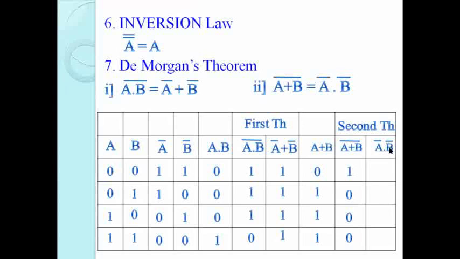And A bar into B bar: 1 into 1 is 1, 1 into 0 is 0, 0 into 1 is 0, and 0 into 0 is 0. See here, this is exactly equal. (A plus B) whole bar equal to A bar into B bar.